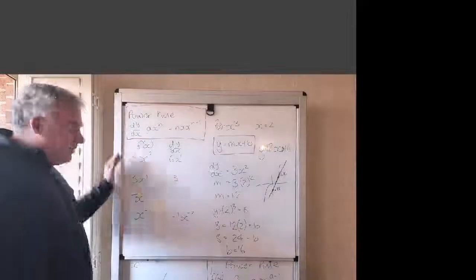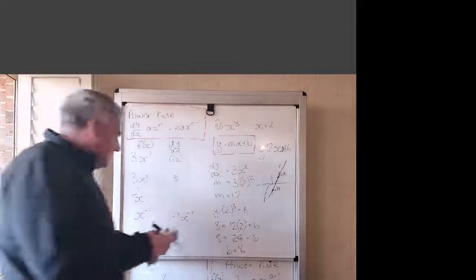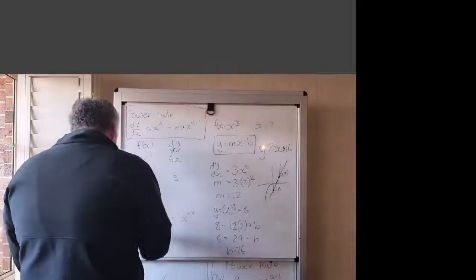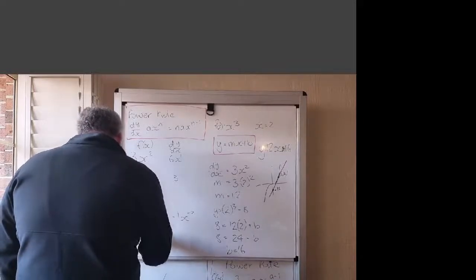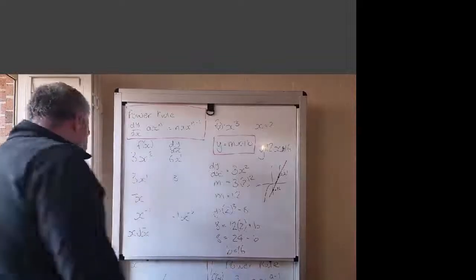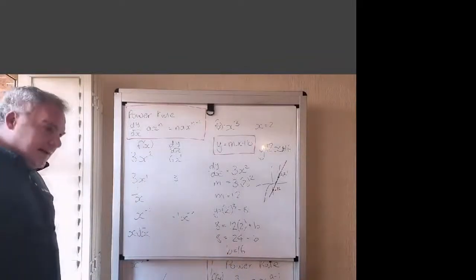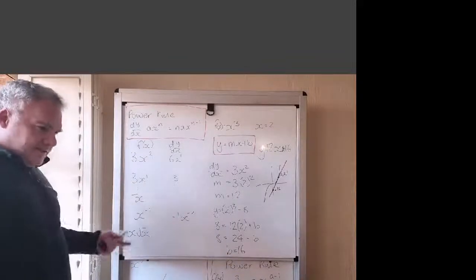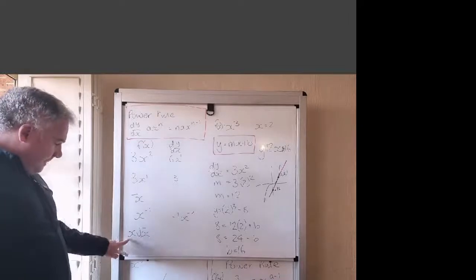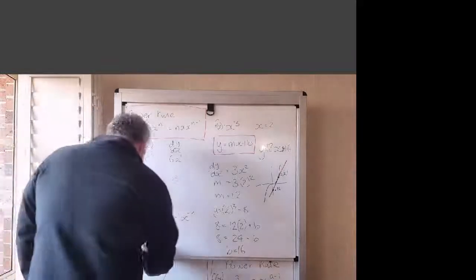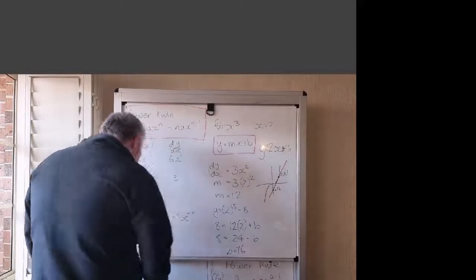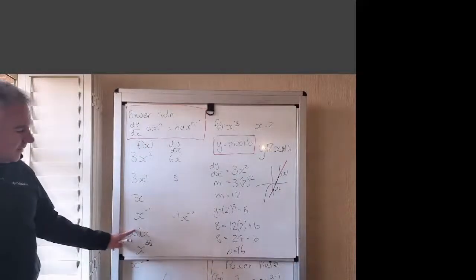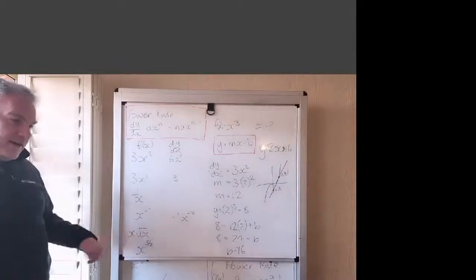This is a few examples of the power rule. One that I forgot to do is, say you've got x outside of root x. Okay, this is probably about as confusing as the power rule gets. x times root x, because this is x to the power of 1 times x to the power of half.